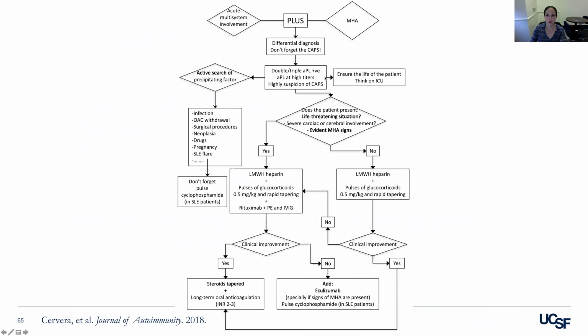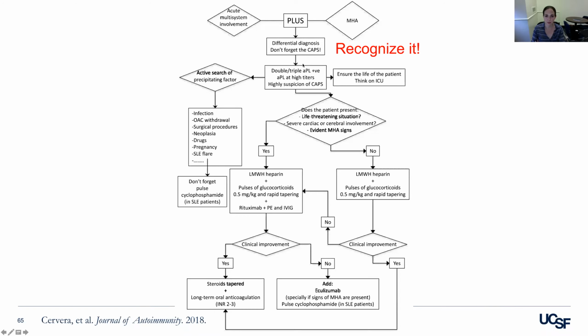This is a proposed treatment algorithm for patients who have been diagnosed or suspected to have catastrophic antiphospholipid syndrome. The first thing is just the importance of recognizing it. If you have a patient who has acute multi-system involvement who's critically ill with features of a microangiopathic hemolytic anemia, don't forget about the possibility of CAPS as a potential cause.